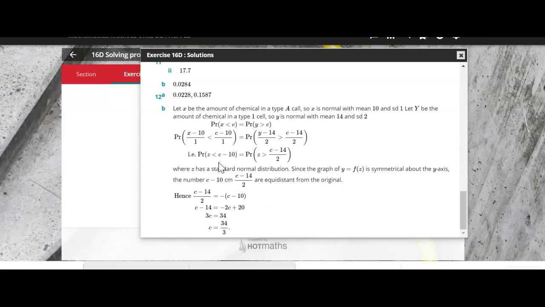Because z has to be less than c minus 10, if I change that inequality sign, I've put that negative out the front of the bracket so you can see that on the first line. You want z to be the same, and one side is less than and the other side is greater than. Then you're just solving for c. So c is equal to 34 on 3. All right, I'm going to end it there.